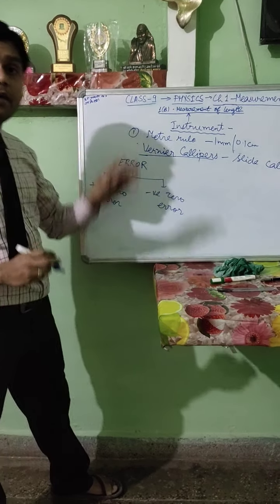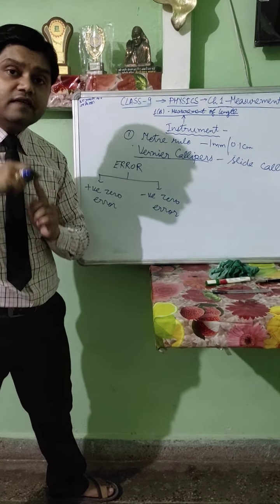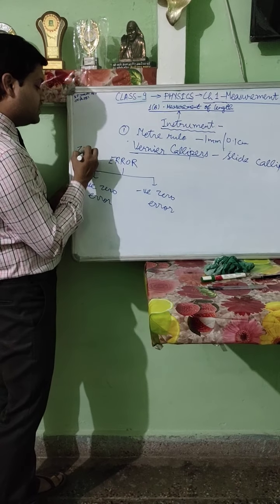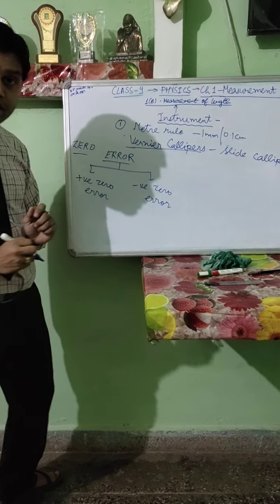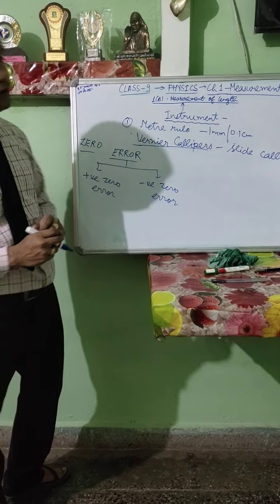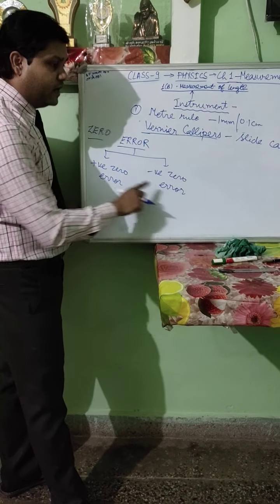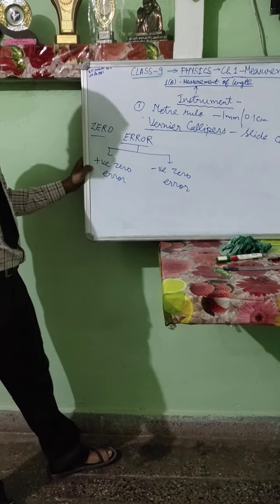When the zero mark of the vernier scale is not coinciding with the zero mark on the main scale, this condition is said to have zero error. It means there is some zero error in the vernier calipers. It is of two types, positive zero error and negative zero error.